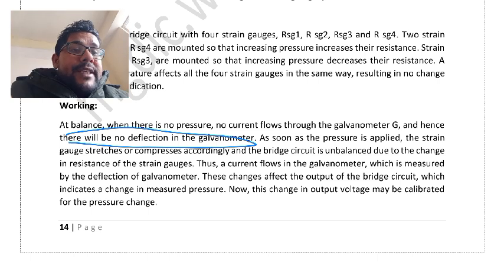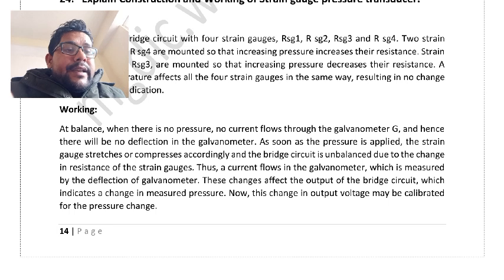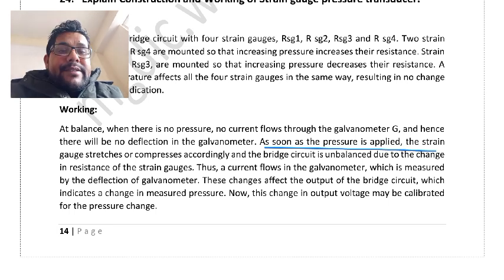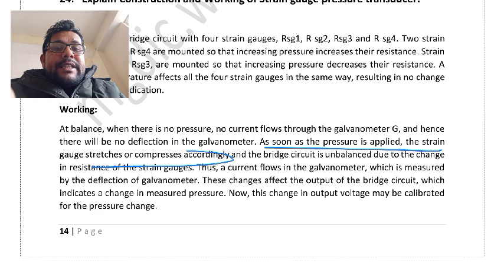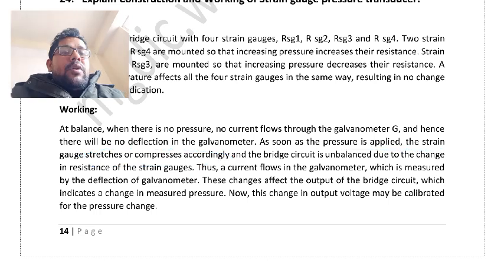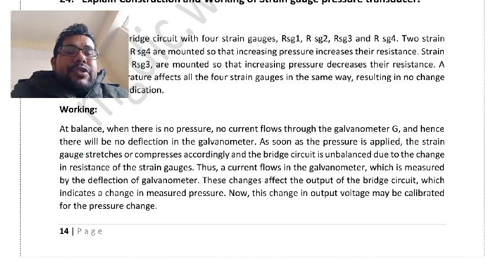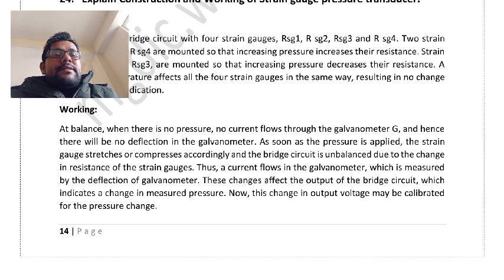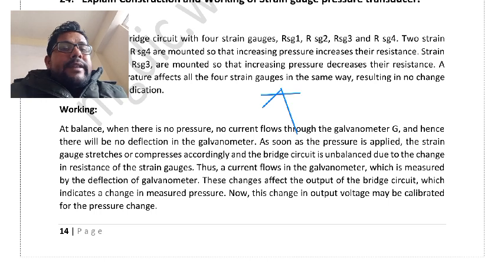As soon as pressure is applied, the strain gauge is stretched or compressed, according to the state. Then the bridge circuit becomes unbalanced due to the change in resistance of the strain gauges, because the pressure is applied. As discussed, R1 and R4 resistances increase, and R2 and R3 resistances decrease as the pressure increases.